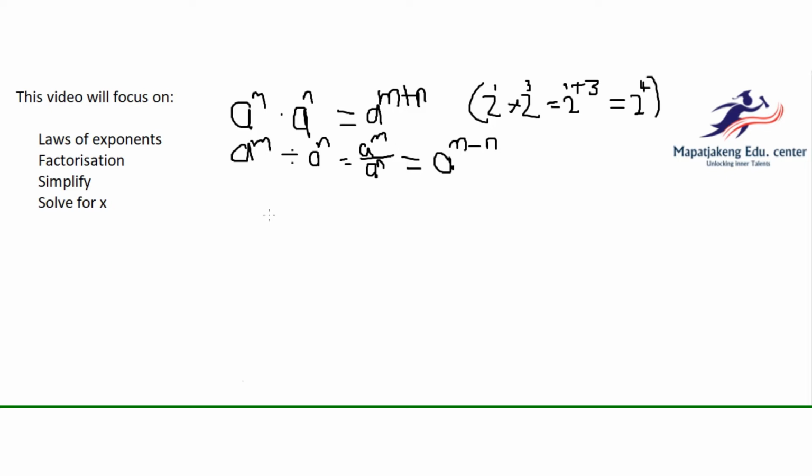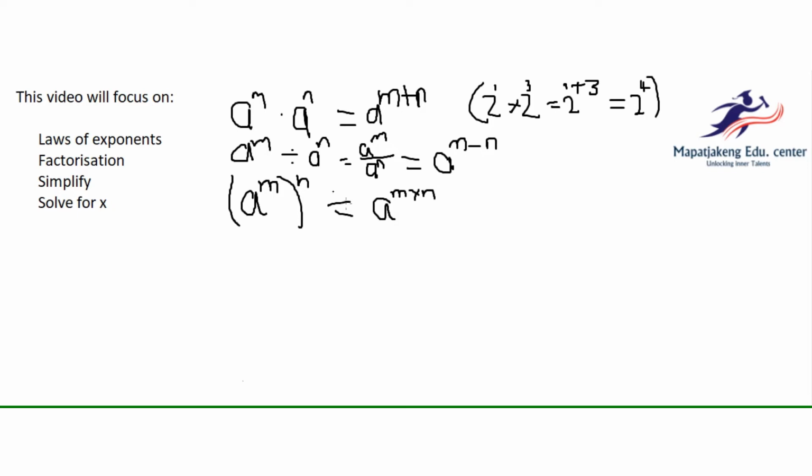And then the other important one, maybe when you have double exponents, like a to the exponent m and then you still have another exponent called n. This is the same as, because the exponent is on the base, you just multiply the exponents, so it becomes a to the exponent m times n.